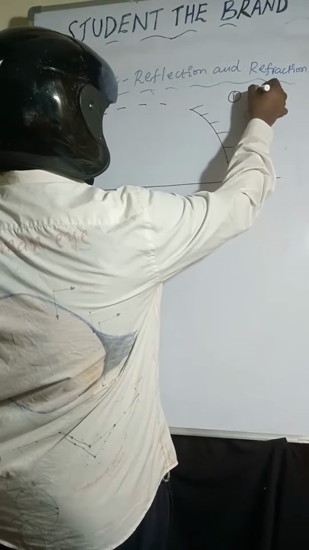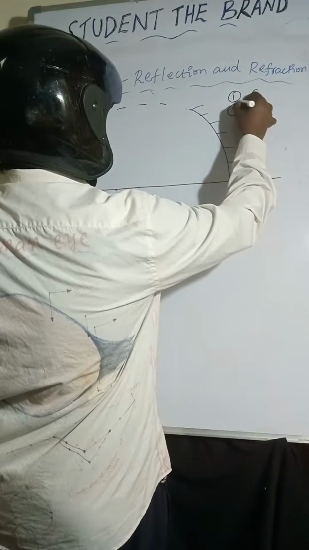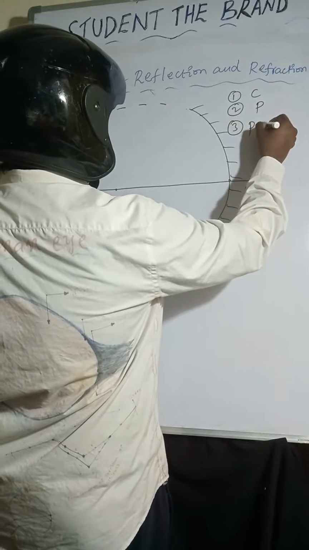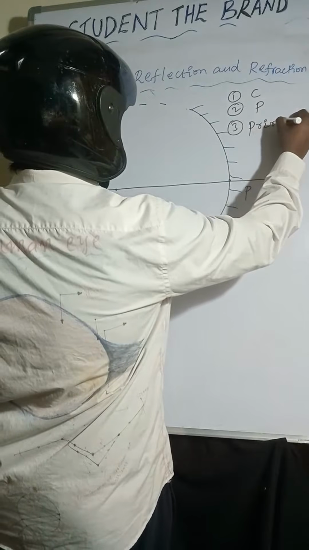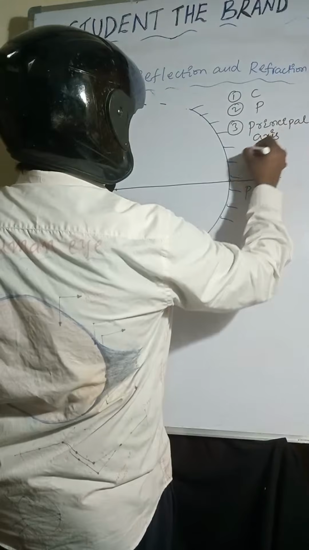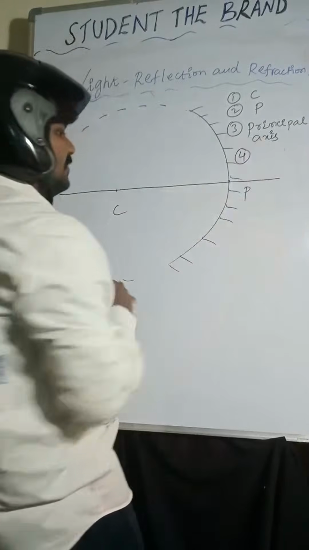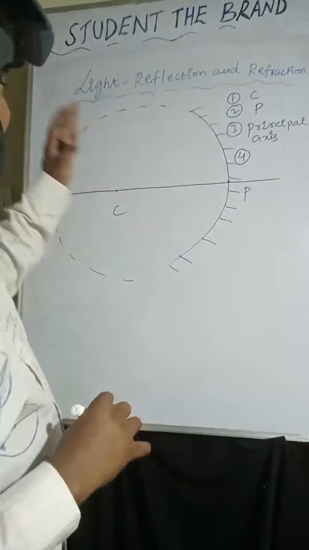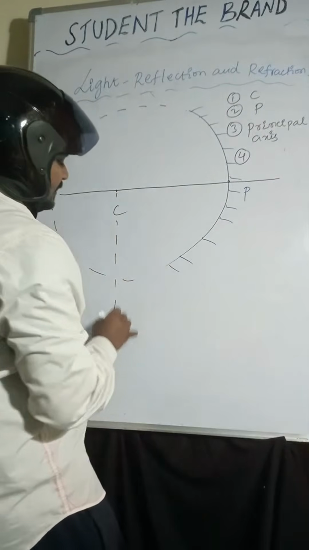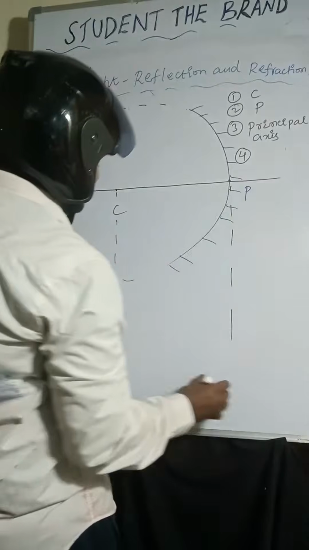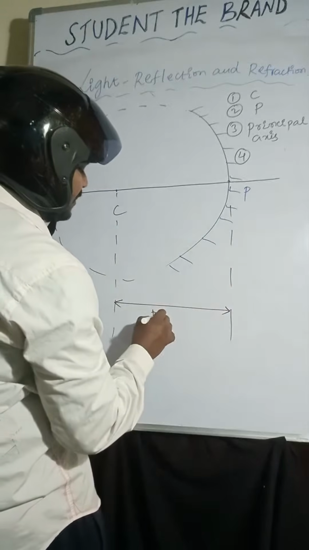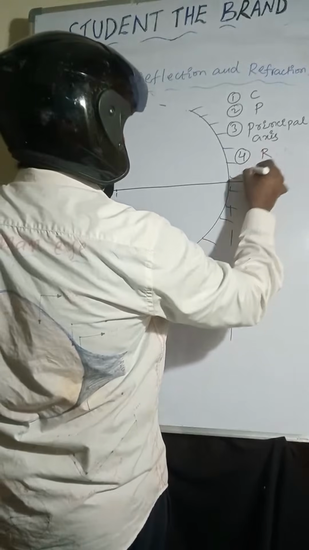First one is center of curvature. Second one is pole. Third one is principal axis. Coming to the fourth one, the distance between center of curvature and pole is called radius of curvature.